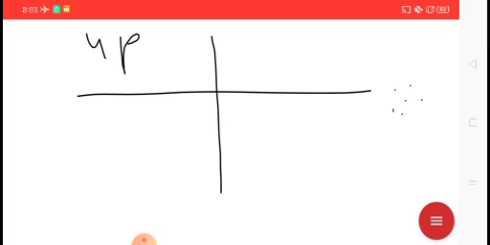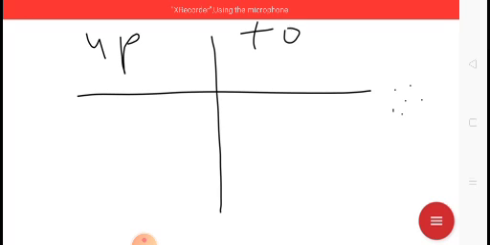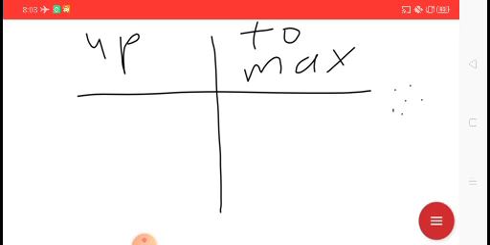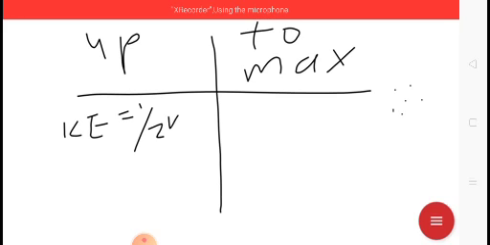The first part will be from the starting point to the maximum height. Then the ball drops down again, so we consider these 2 points first. So before and after: at the initial situation, KE with the initial speed is 1 over 2 mu squared.